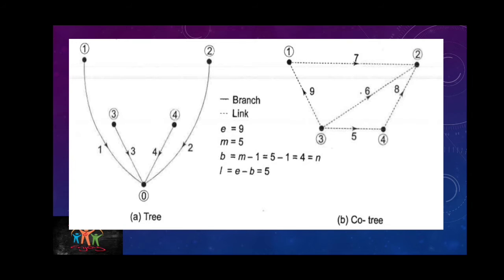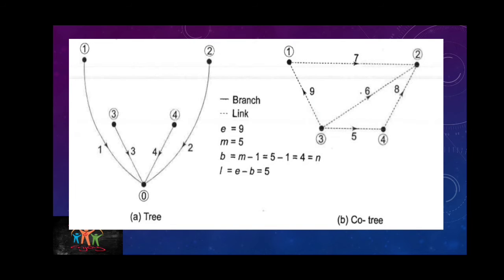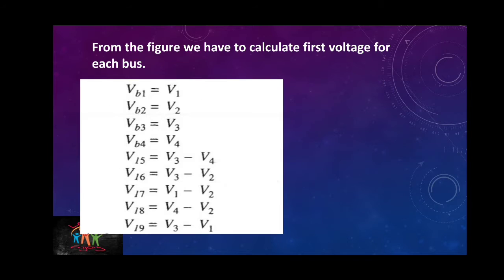Now we want to get V16. Link 6 is connected between 2 and 3, so we can write V3 minus V2. Now we want to get V17.